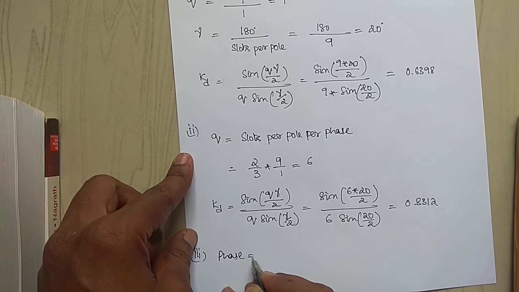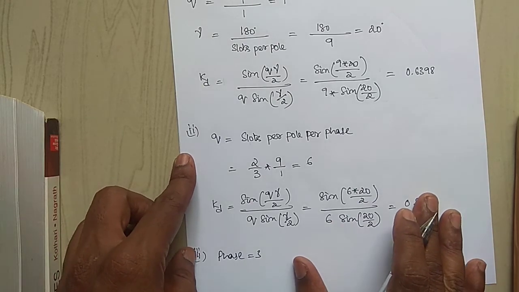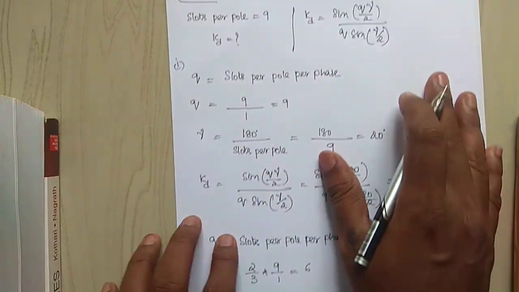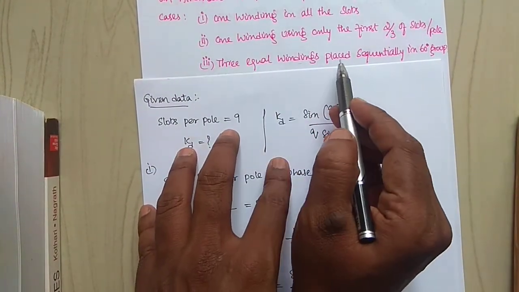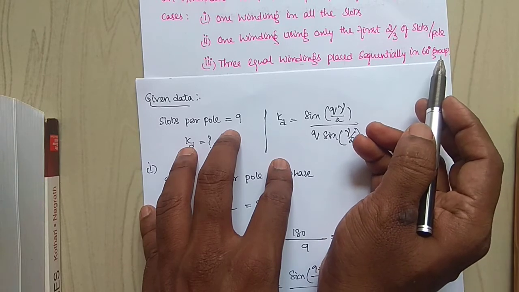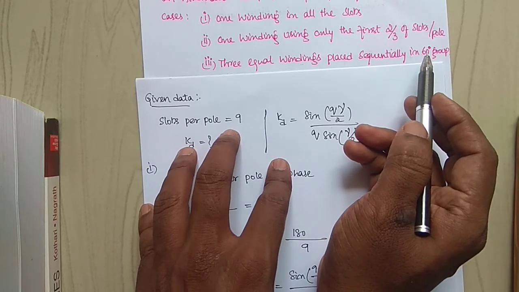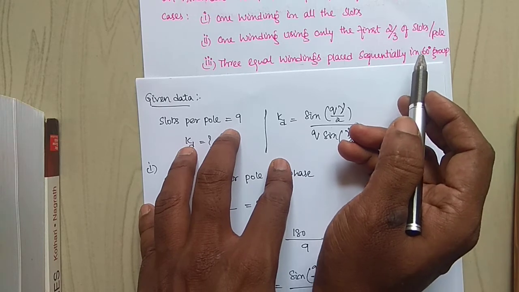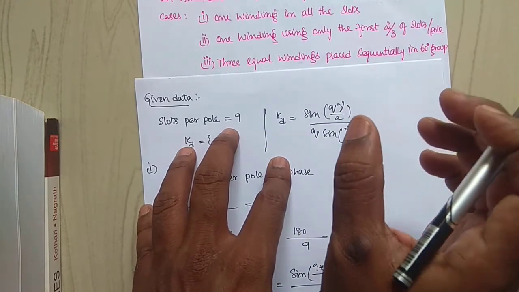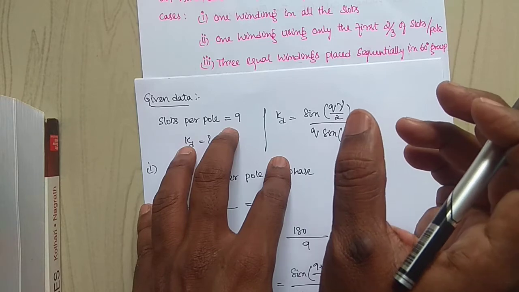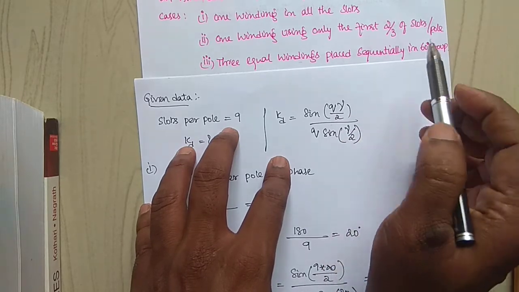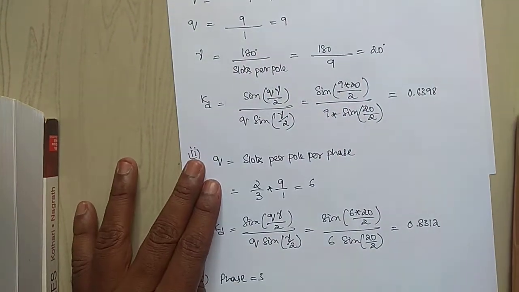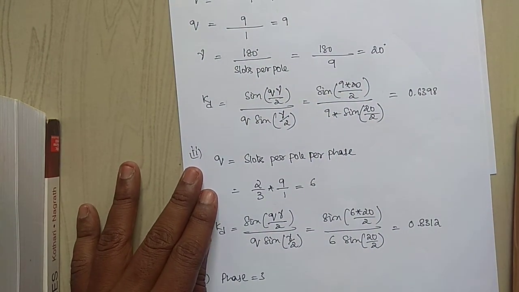Now what is the given data? 3 equal windings placed sequentially in 60 degrees groups. What do you mean by 60 degrees group? Here the slots per pole per phase come under 60 degrees. Clear?